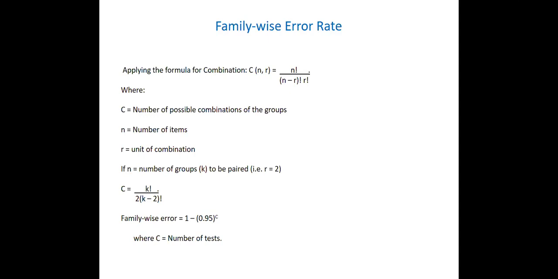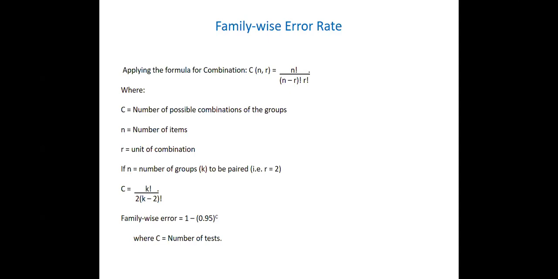Another way of saying it is the probability of committing a type 1 error. Type 1 error is rejecting the null hypothesis when it is true. The null hypothesis says there's no difference, but the alternative hypothesis says there's a difference. So if the null hypothesis is true, that there's no difference, and you now reject it and say there's a difference, that probability of saying something is there when it is not there is still the p-value.